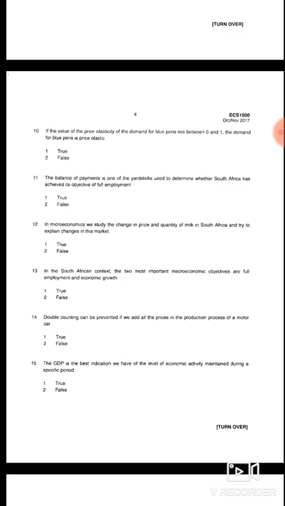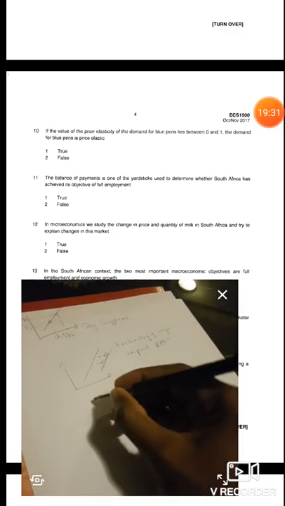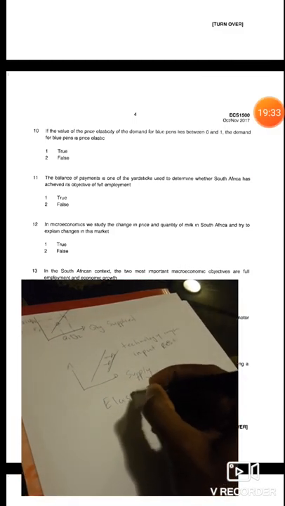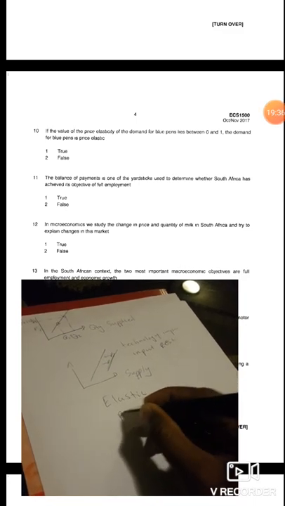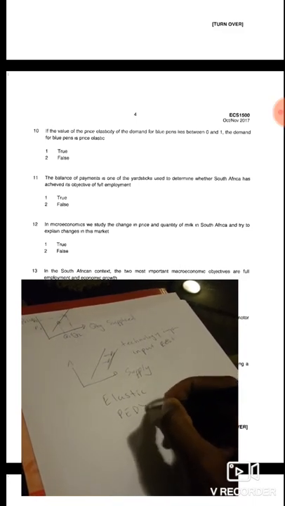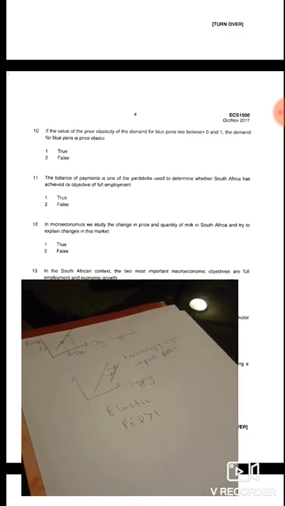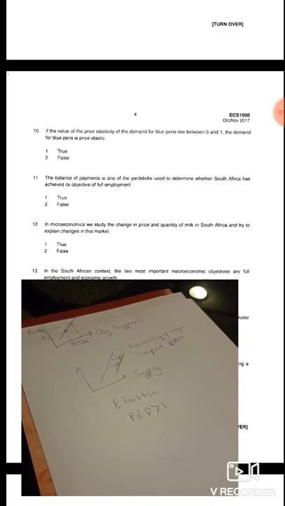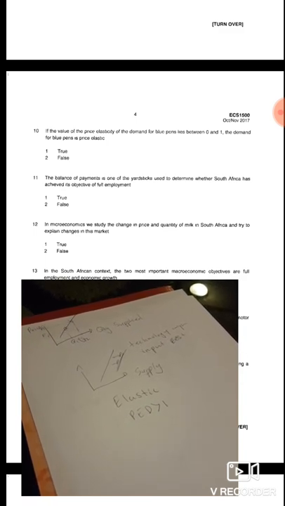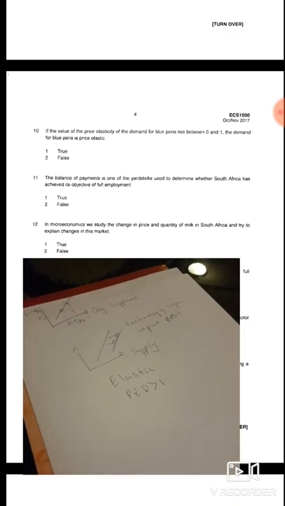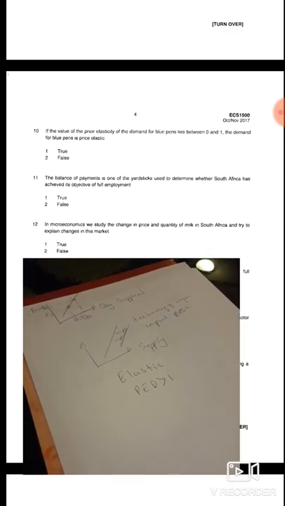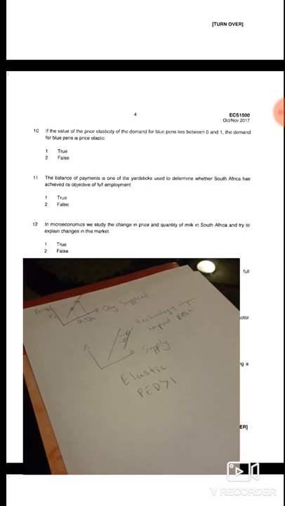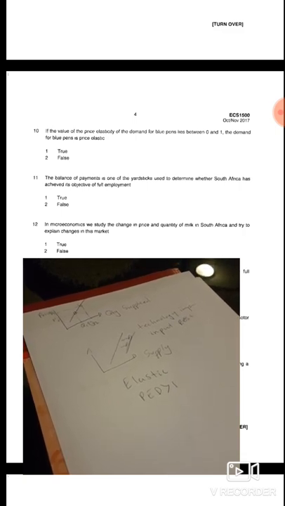Okay, so if we're dealing with price elastic, let's have a look here. Elastic is a price elasticity of demand that is greater than 1. So now if they say the value of price elasticity lies between 0 and 1, it means the value is not greater than 1, because a value greater than 1 should start from 1 and above.